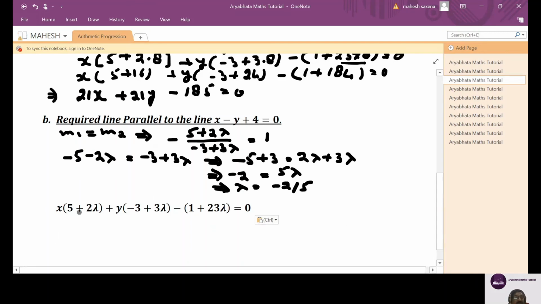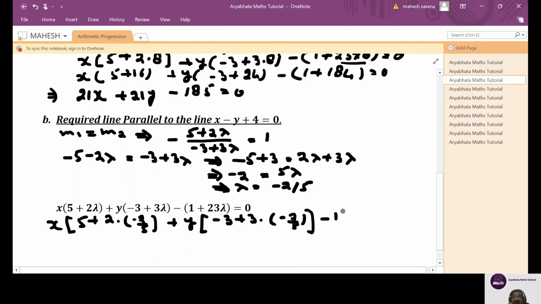Therefore, this equation will be x(5 + 2×(−2/5)) + y(−3 + 3×(−2/5)) − 1 + 23×(−2/5) = 0.